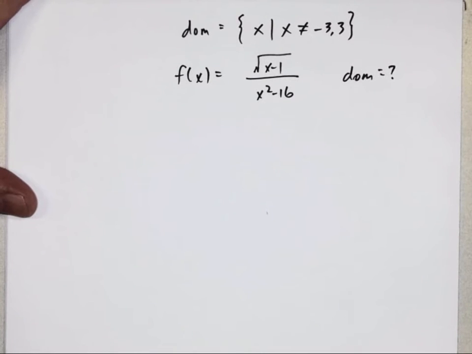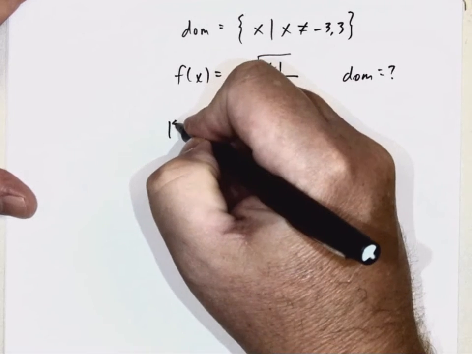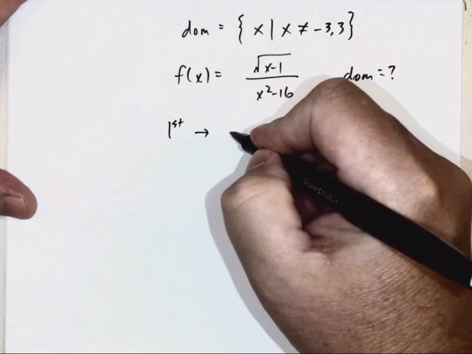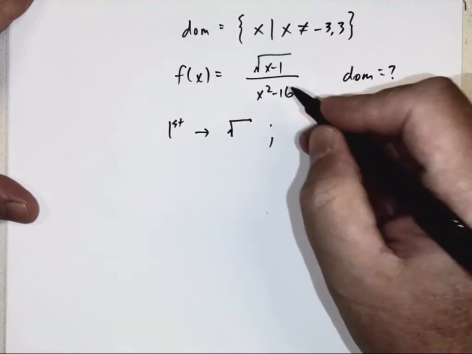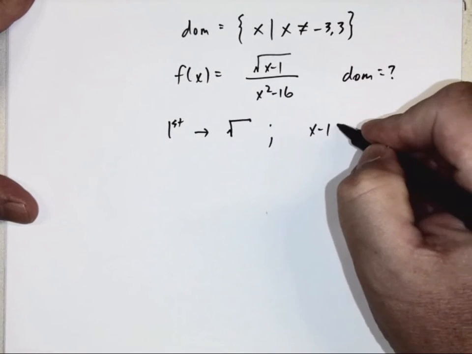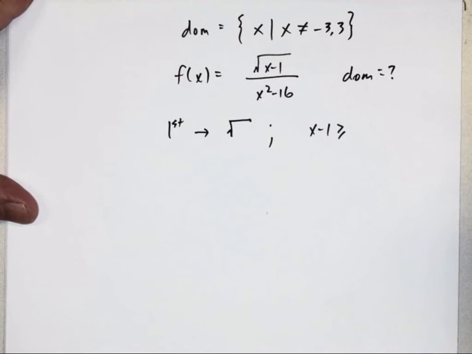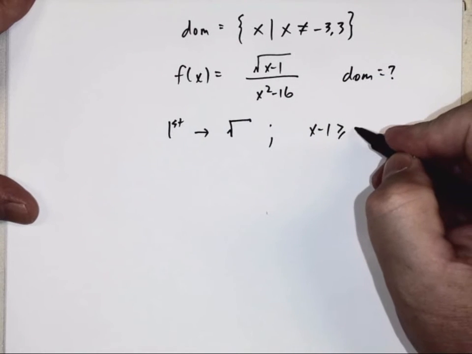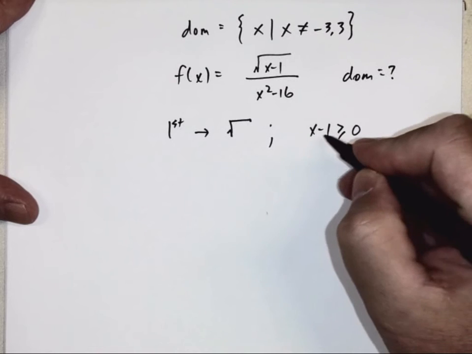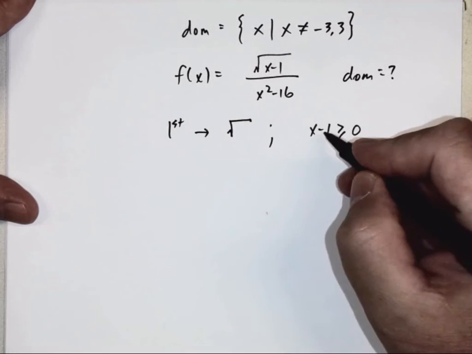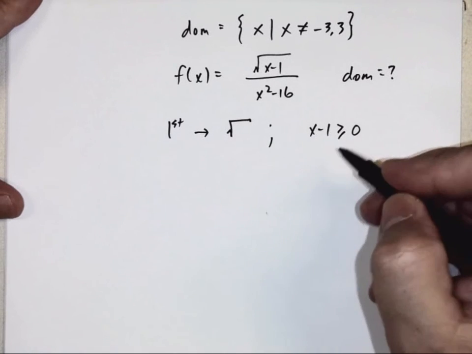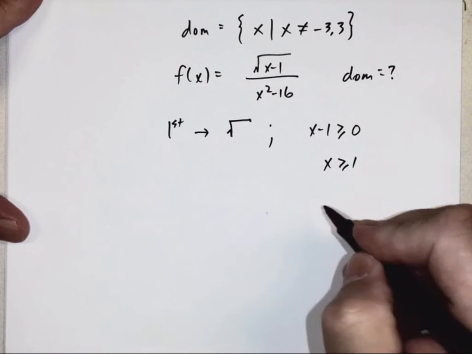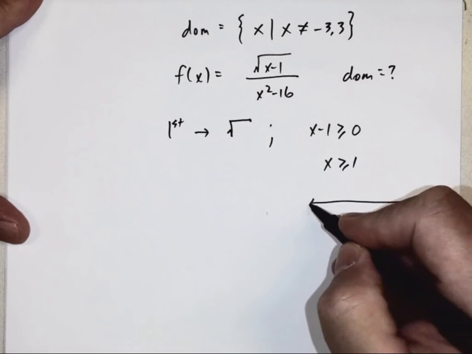Here's what I like to do. First, I'm going to analyze the impact of the variable under the square root. So let's just do that. I know what has to happen is I have to make sure that everything under the square root is positive or 0. So I say x minus 1 greater than or equal to 0. I'm going to solve this for x. Matter of fact, I'm going to go and graph it.